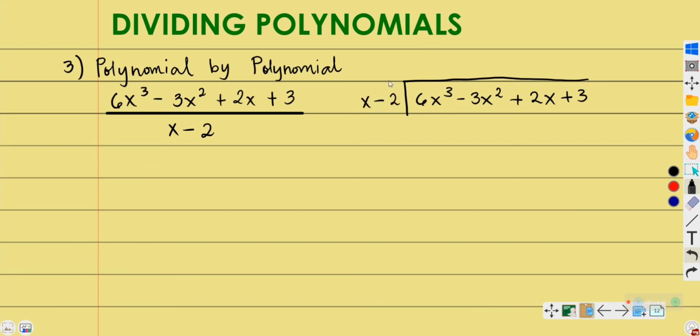So, sabi rin dun sa steps kanina, di ba? Kapag may missing term, so titingnan nyo kung sunod-sunod siya, 3, 2, 1, 0. Halimbawa, may nawawala. 3, 1, 0. Wala yung 2. Maglalagay ka ng term, or i-fill in mo yung nawawalang term na yon. Okay? By placing a zero valued term.